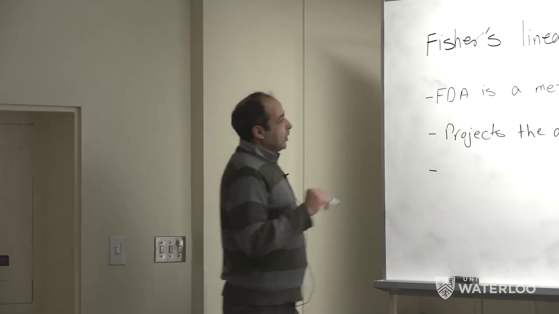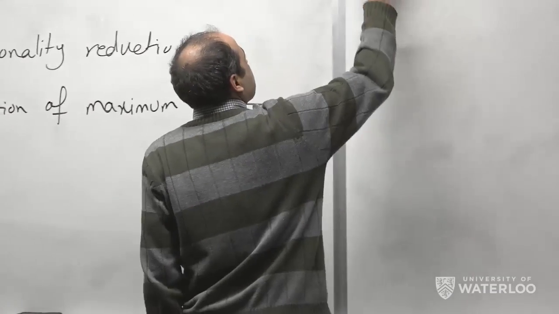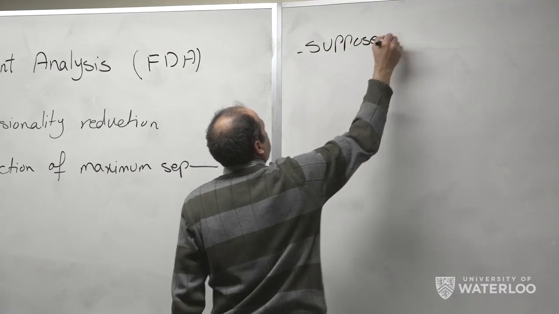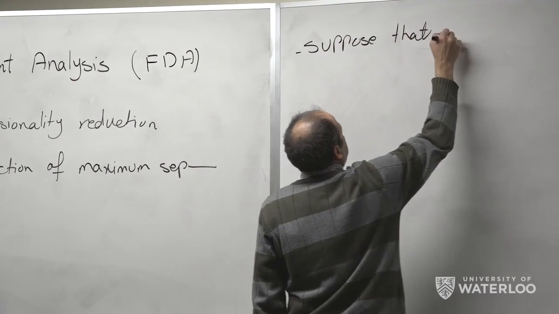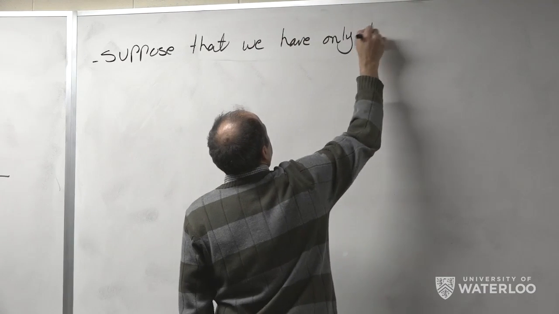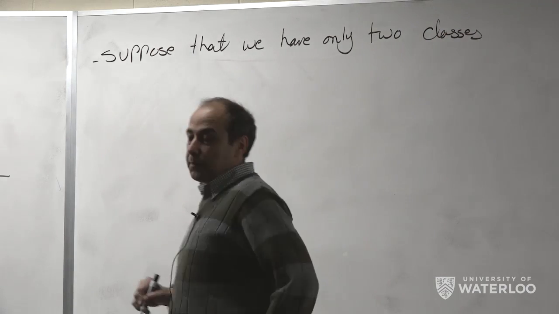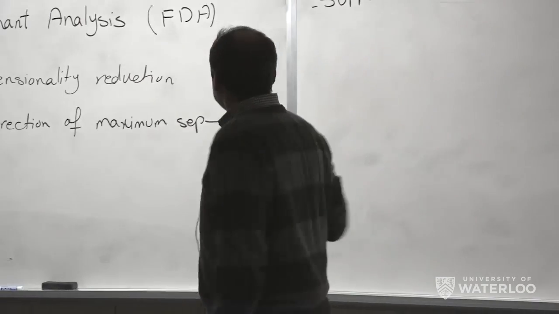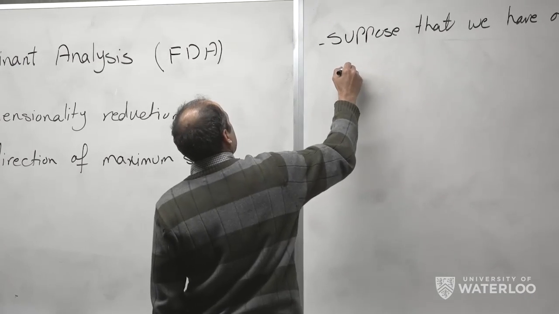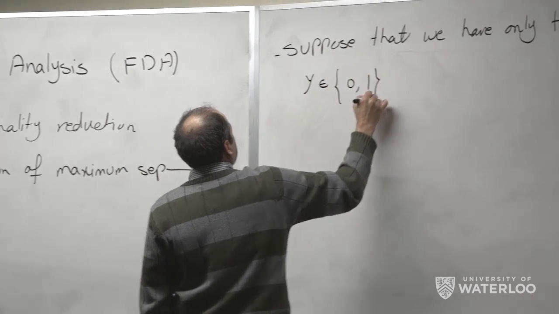To do this, first assume that we have only 2 classes. So suppose that I have only 2 classes, class 0 and class 1. So y could be either 0 or 1.